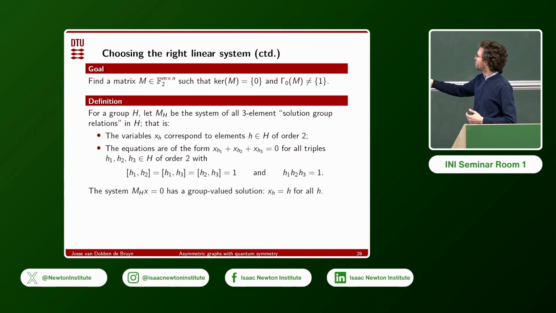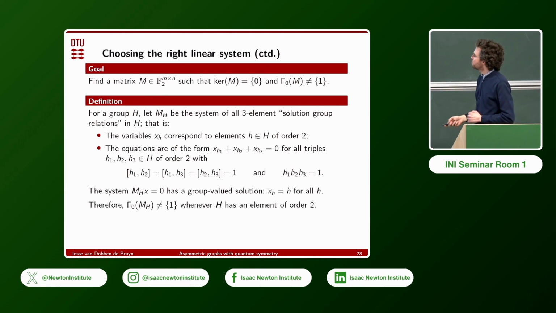But in the solution group, this equation is satisfied if and only if x_h1, x_h2, and x_h3 commute pairwise and multiply to 1. So you see that this is a valid solution.